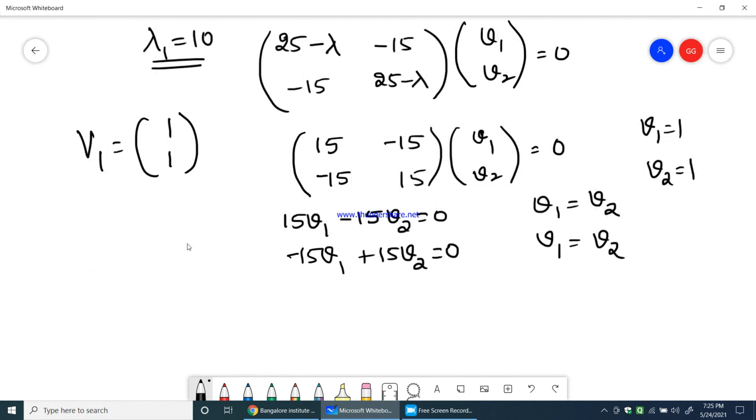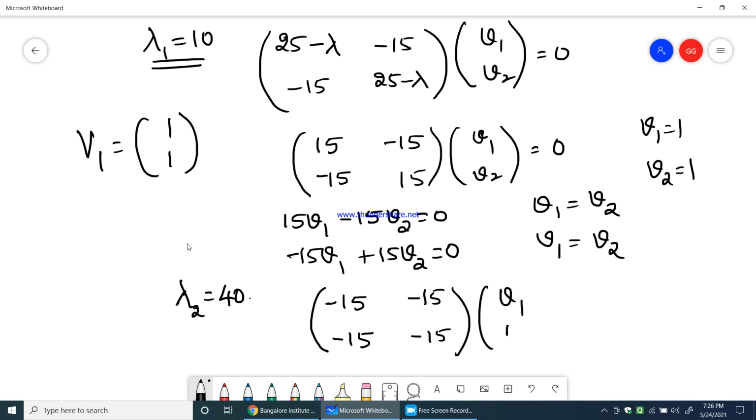Now let us find the second vector when lambda 2 is 40. So 10 and 40 are the two roots. 25 minus 40 is minus 15, minus 15, minus 15, again 25 minus 40 is minus 15, multiplied by v1 v2 equals 0.